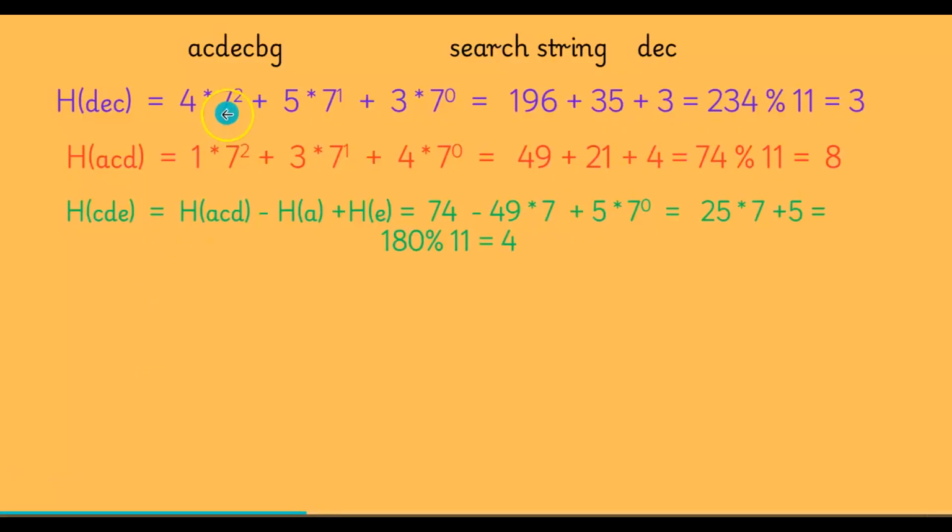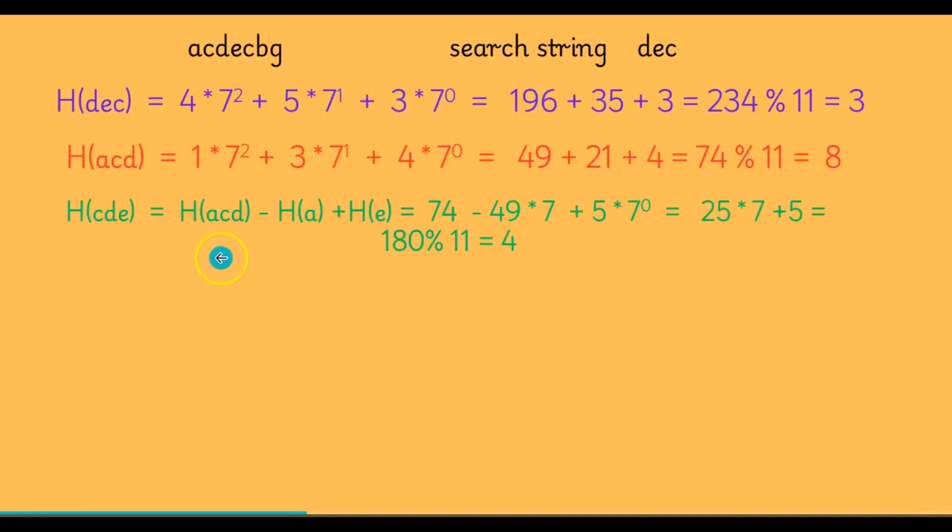Now we have to calculate the hash value of the next three characters, CDE. Now what we can do is use the hash value of ACD to calculate the hash value of CDE according to the rolling hash technique.